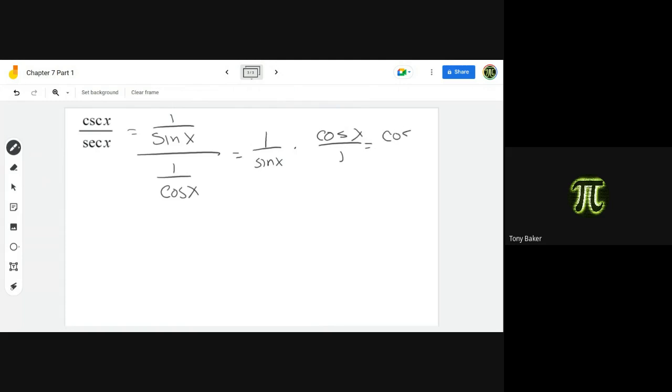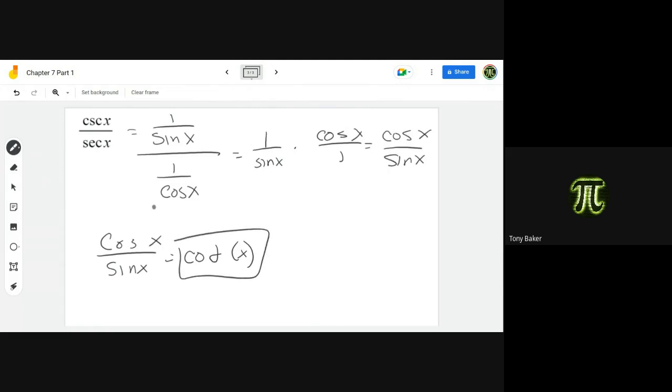So this ends up being cosine of x over sine of x. Now, one of those was on the previous screen. That's cotangent. So cosine of x over sine of x is cotangent of x. And that is a single term, or a single trig function rewrite. So cosecant of x over secant of x goes to cotangent of x.